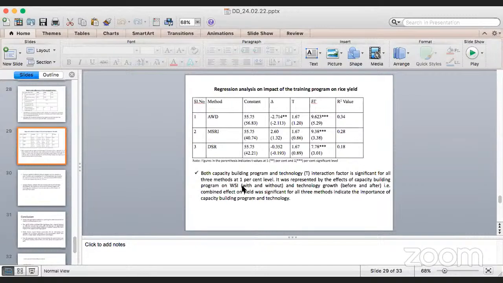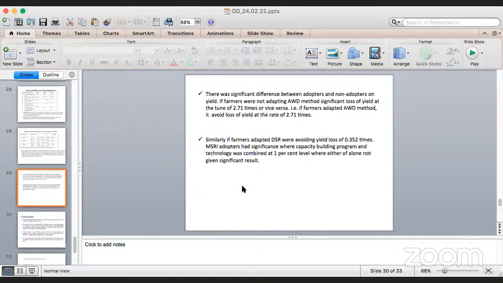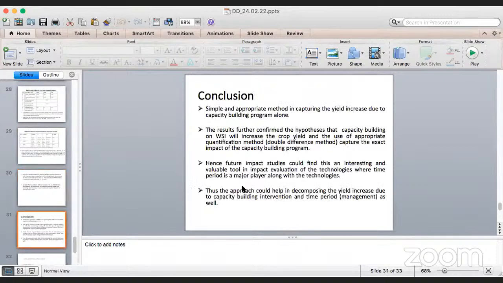So the intervention done in this area has a significant impact on our objective, the yield level, and our hypothesis is satisfied. This measure is a very simple and appropriate method for capturing yield increase or any other objective. We can use it here.